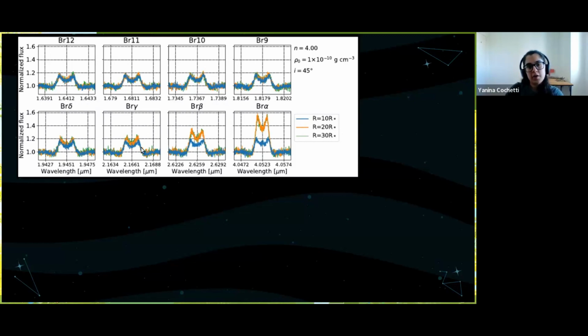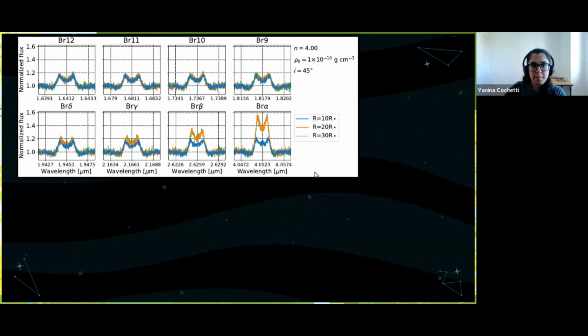But if you see the first members of the series, they start to be different. For example, for Brackett alpha, if we model just up to 10 stellar radii, we are not seeing the complete emission that this line could have. So a complete disk emitting Brackett alpha should be bigger.